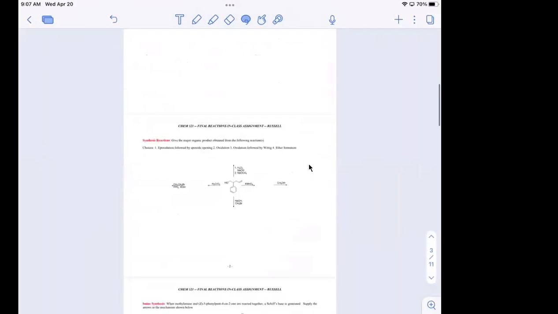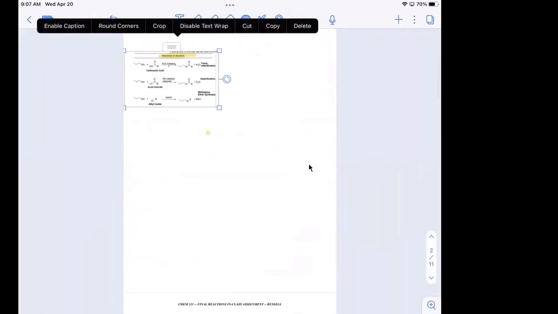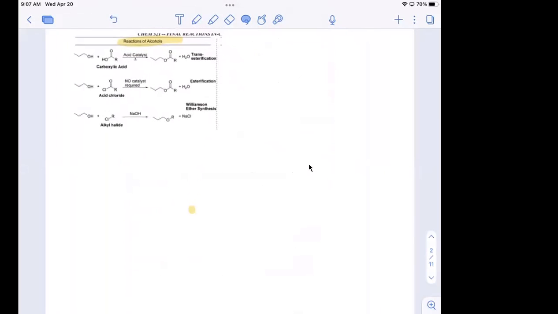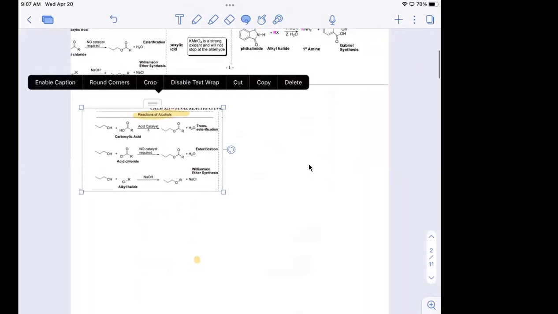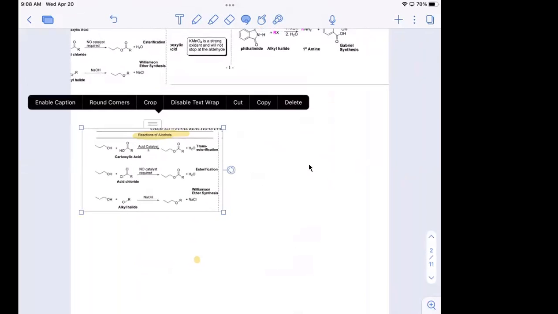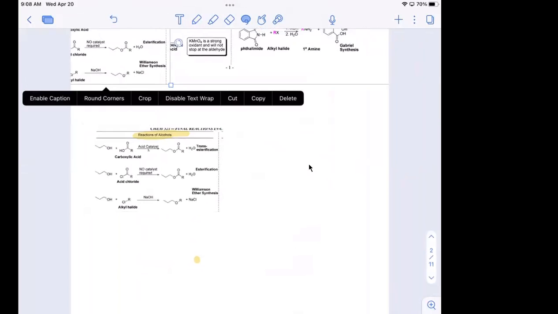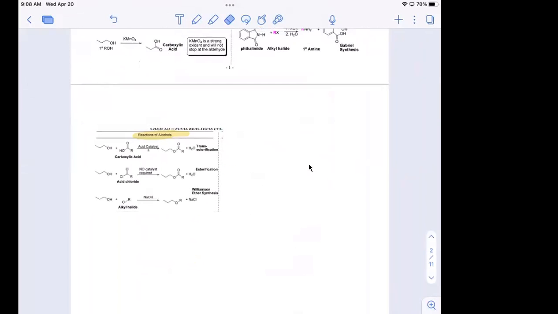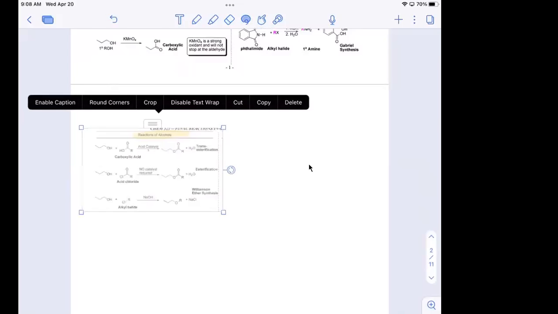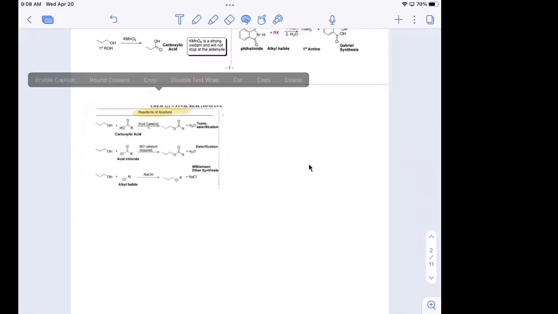All right, so let's look at the first reaction here. And all of these reactions are going to follow the same basic mechanism.